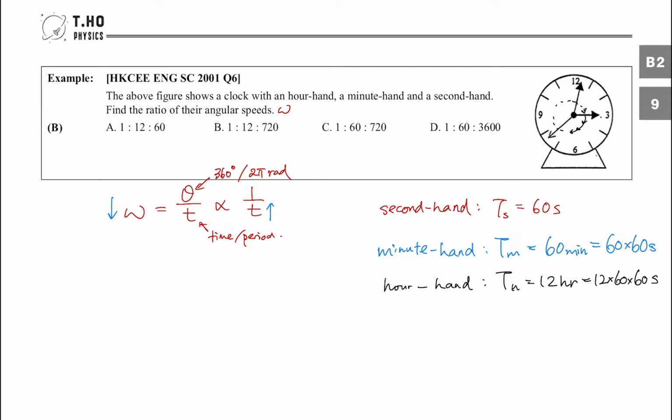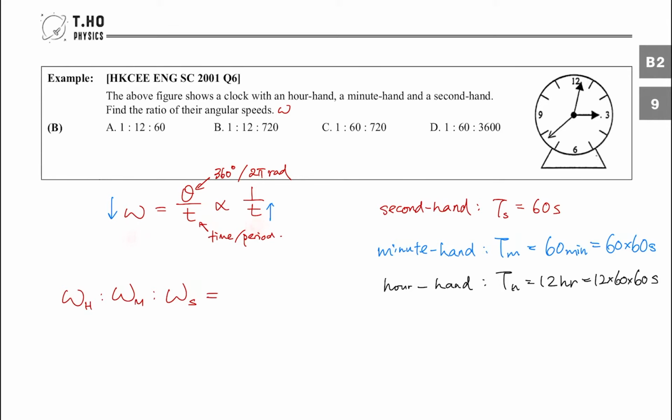So we now know the period of these hands to go for one cycle. And so we can find the ratio for omegas, that is the angular speeds. Okay, let's start with the hour hand to the minute hand to the second hand.